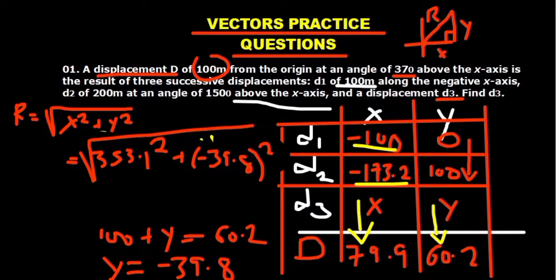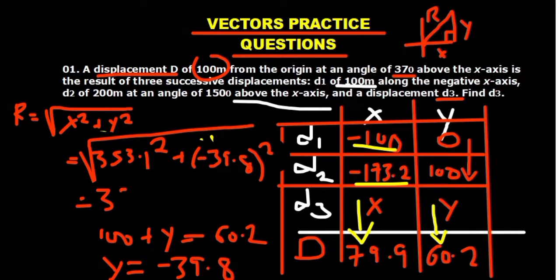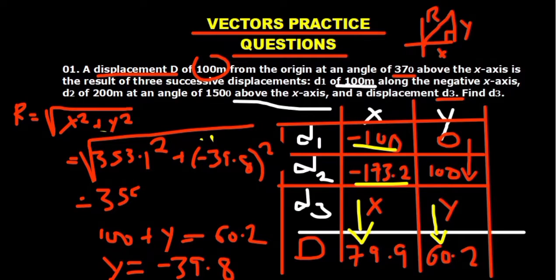So get your calculator: 353.1 squared plus negative 39.8 squared, the square root of that. I've got 355.3 meters. So this is your displacement.